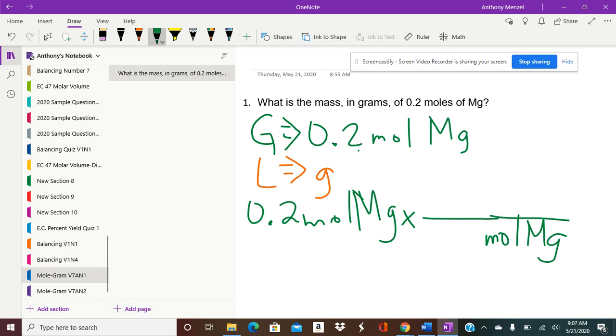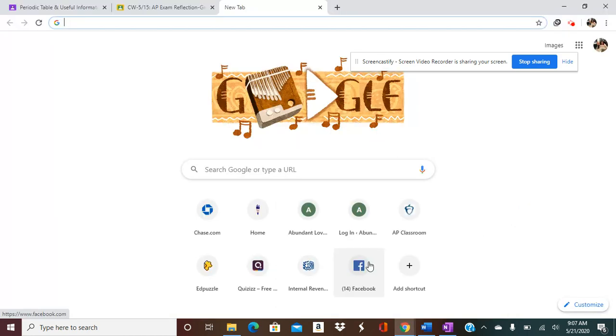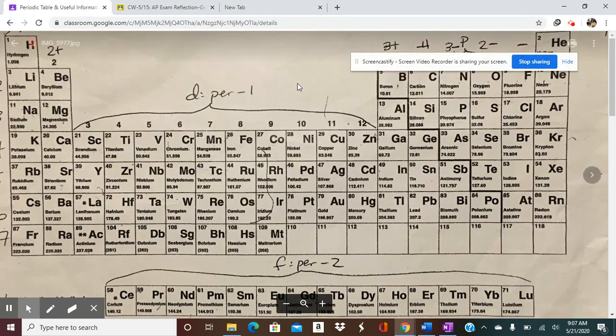And then on the top, we can go from moles to grams using the periodic table. So we'll put grams of magnesium in the numerator. Now, if we go to our periodic table, we see that there's 24.305 grams of magnesium per mole, right?